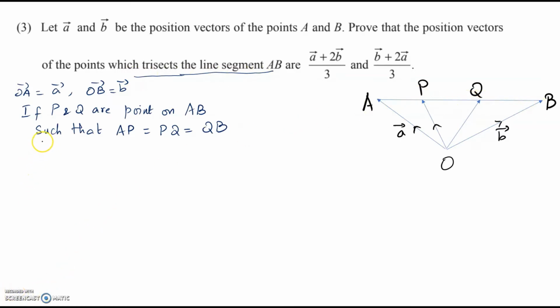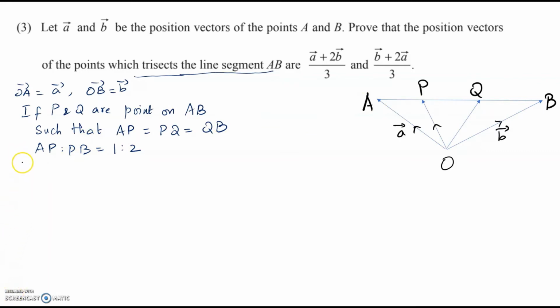Therefore, we can define the ratio AP is to PB as 1 is to 2. If AP is 1, then PB will be twice, because it's dividing AB in 3 equal parts.